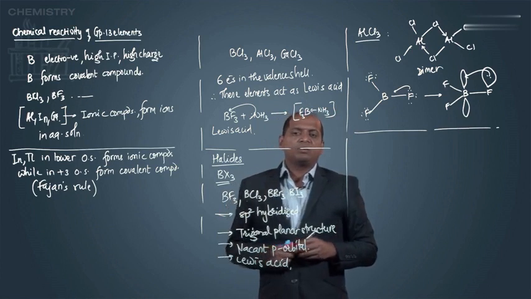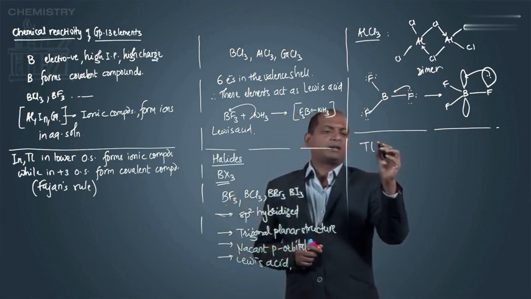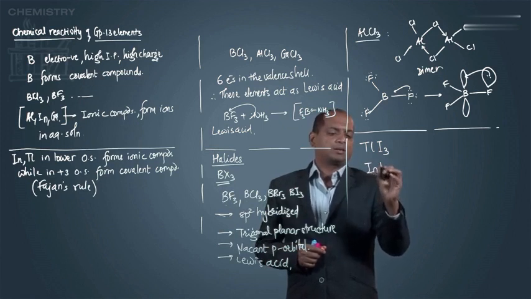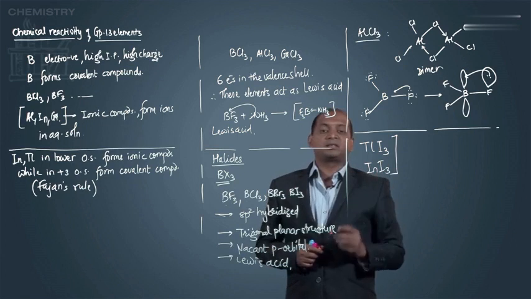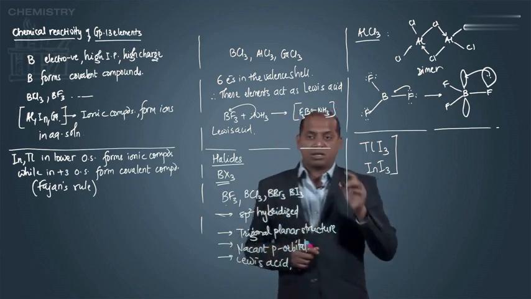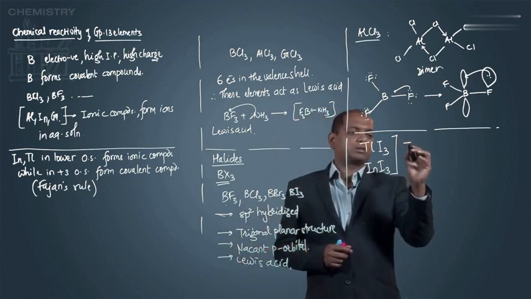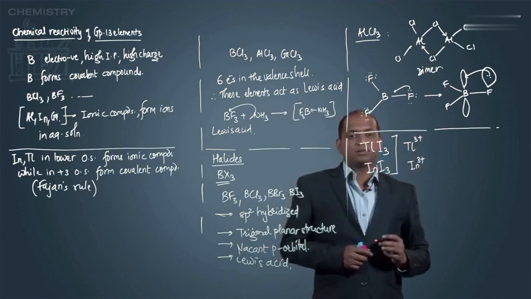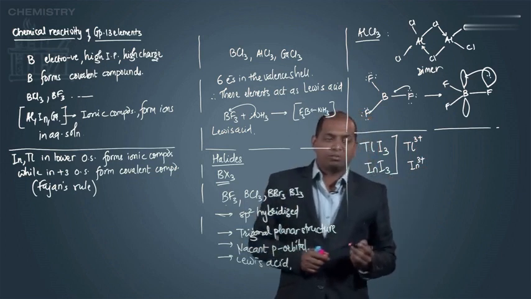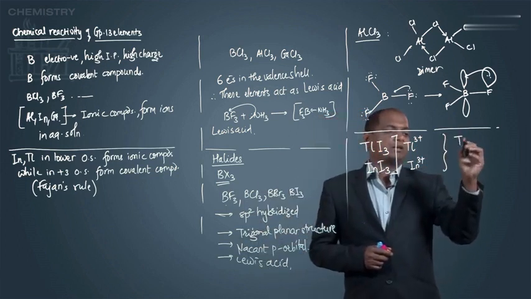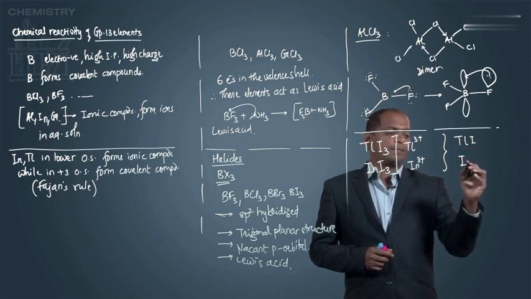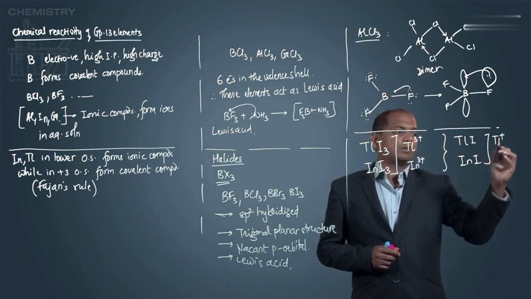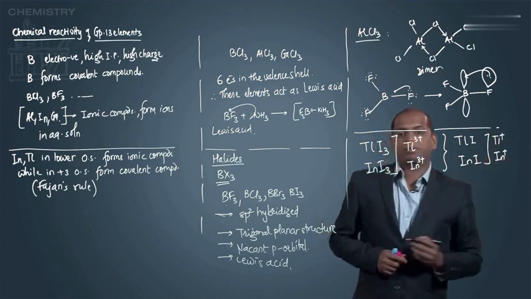When we are talking about compounds like thallium, this or this, their existence is considered to be questionable, because in this case the oxidation state of Tl is 3+, which is actually unstable as compared to that of this one, where the oxidation state is what? +1, because of the inert pair effect.